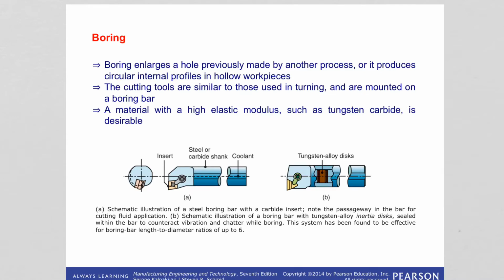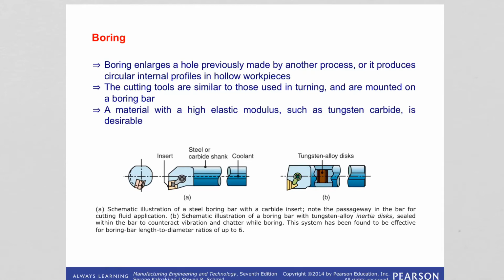It is essential for the boring bar to be stiff to minimize tool deflection and vibrations. This will help with the dimensional accuracy and surface finish, which is the main goal of the boring process. For that reason, a material with high elastic modulus, such as tungsten carbide, is desirable.